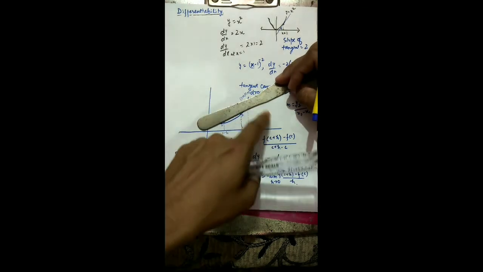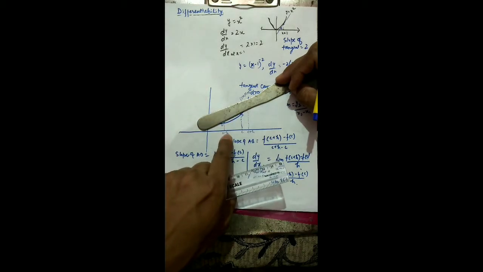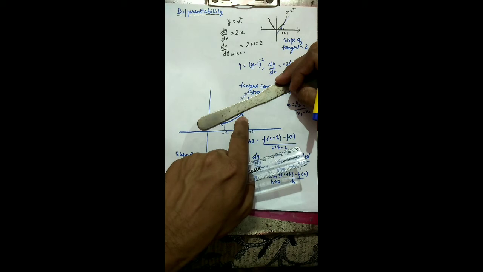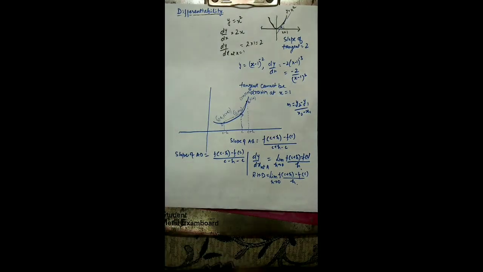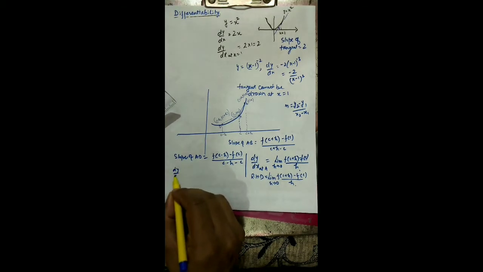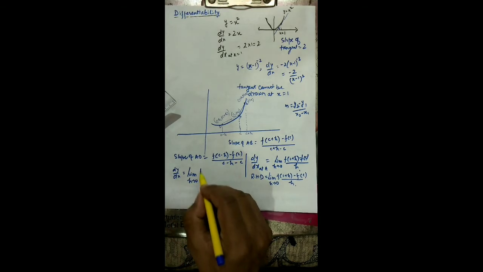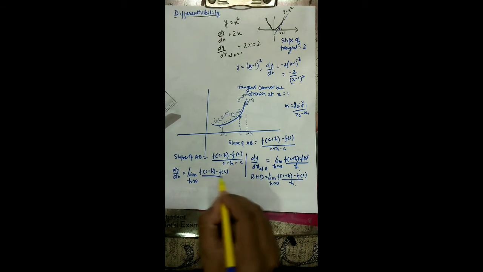Now if I make H tend to 0, then this D point will come closer and closer, and thus D will come onto A. So it means that this slope of AD will become the slope of the tangent, or you can say dy by dx, if I take the limit h tends to 0 of f(c minus h) minus f(c) upon minus h.